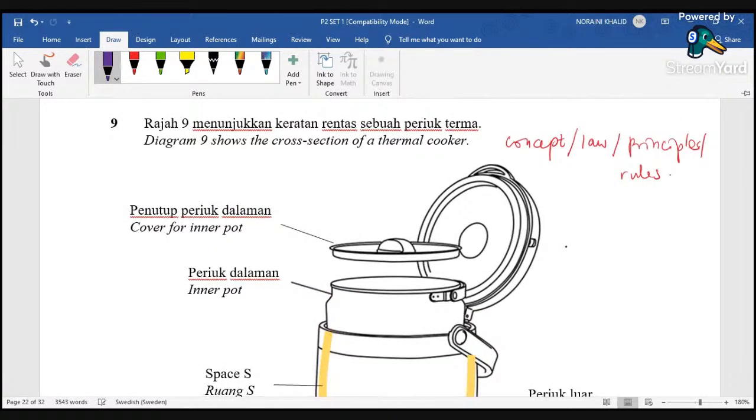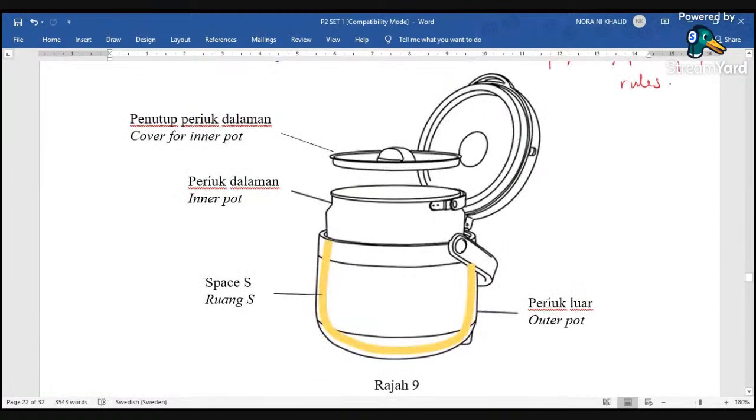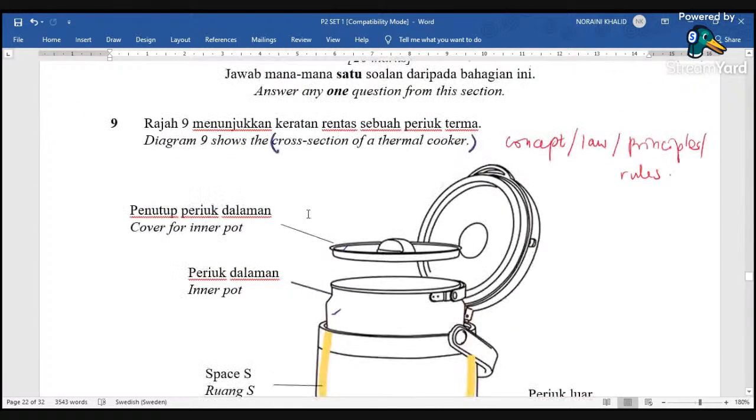The diagram shows the cross section of a thermal cooker. You can look at the cover, the inner part, the space, and the outer part. The word thermal may already give you an idea about heat, the concept of heat.